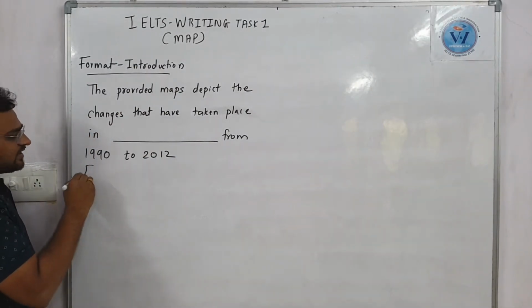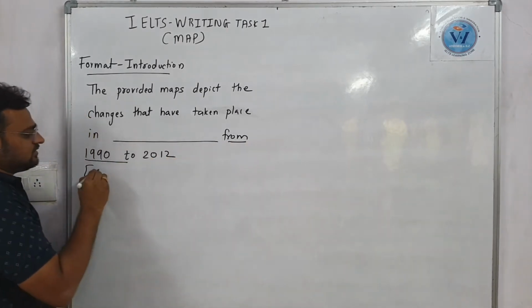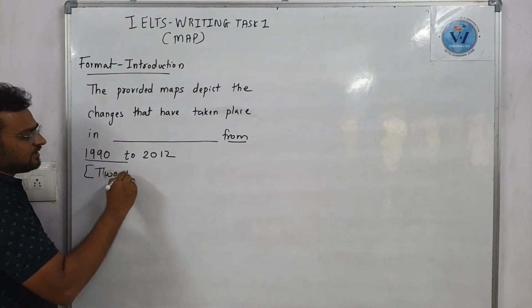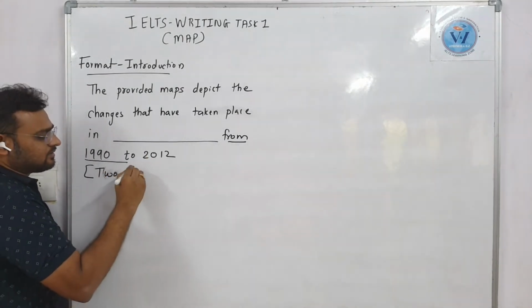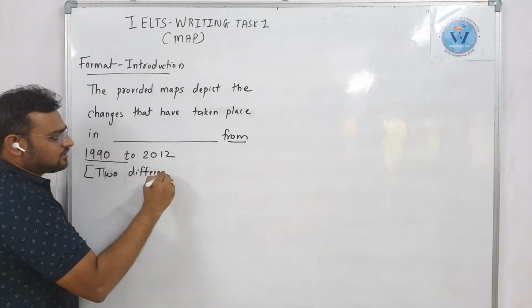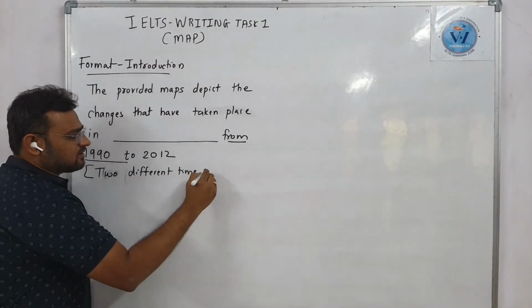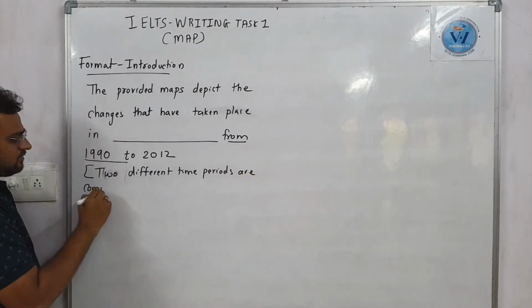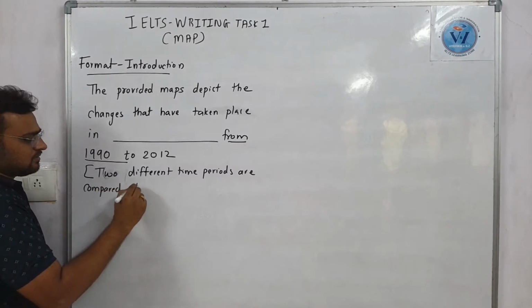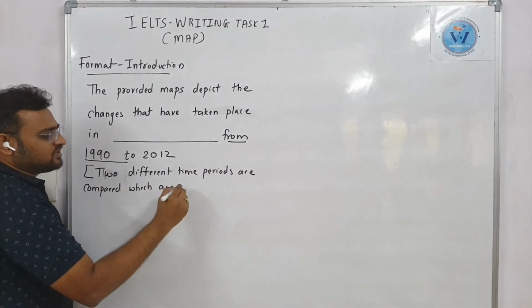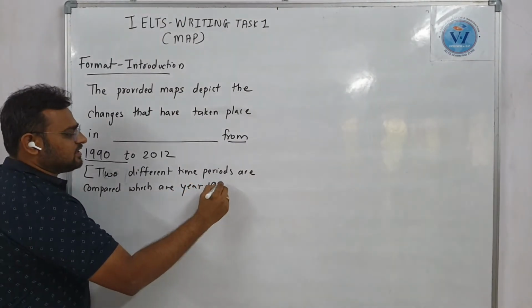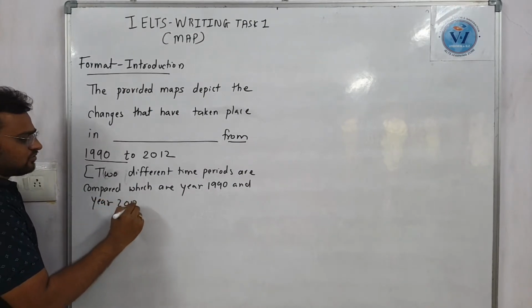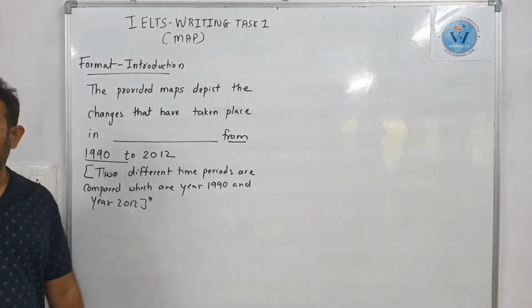An additional thing you can write instead of this: so two different time periods are compared, which are year 1990 and year 2012.